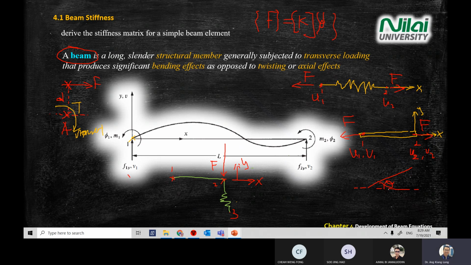But if you look at component number 2, the bar, if you have an external force at point 1 and the spring is movable, it's going to have a displacement in y direction for point number 2. And at point 1, let's say you have a pin here, there's no movement at point 1, and they move at point 2.